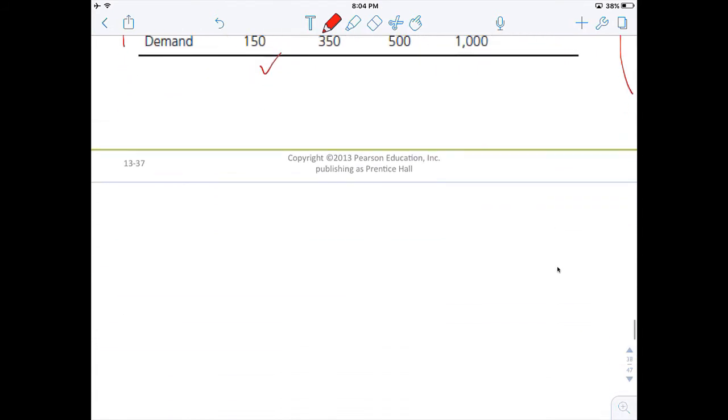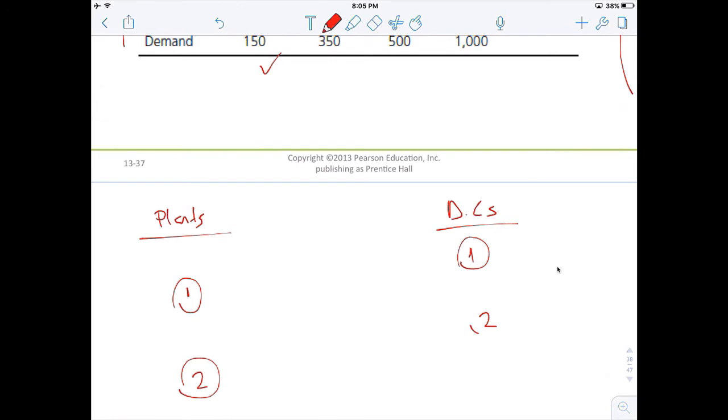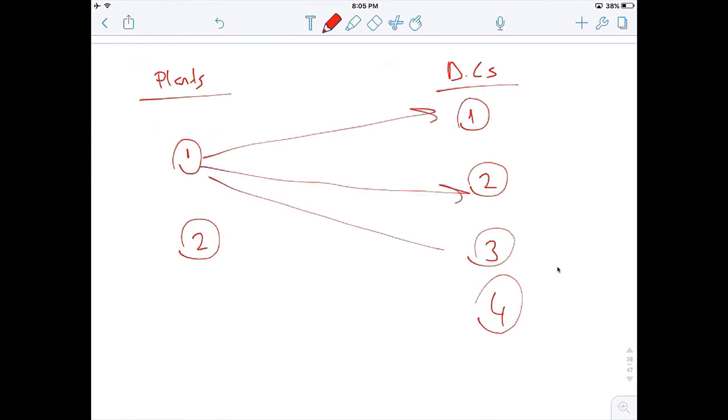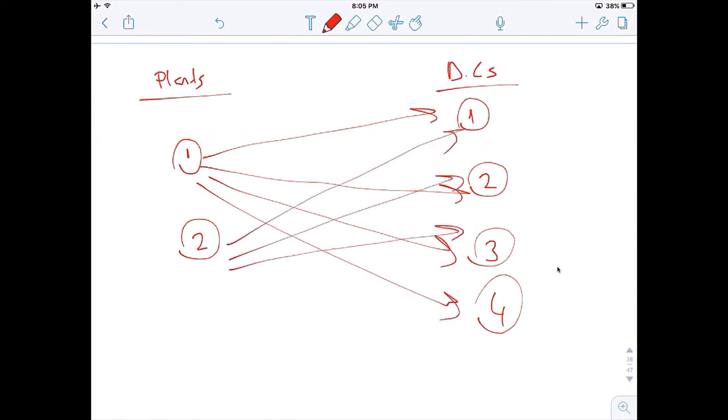These are my plants, 1 and 2, and these are my distribution centers, 1, 2, 3, and 4. From each plant you can ship goods to each of the distribution centers. This is the network representation of the transportation problem.